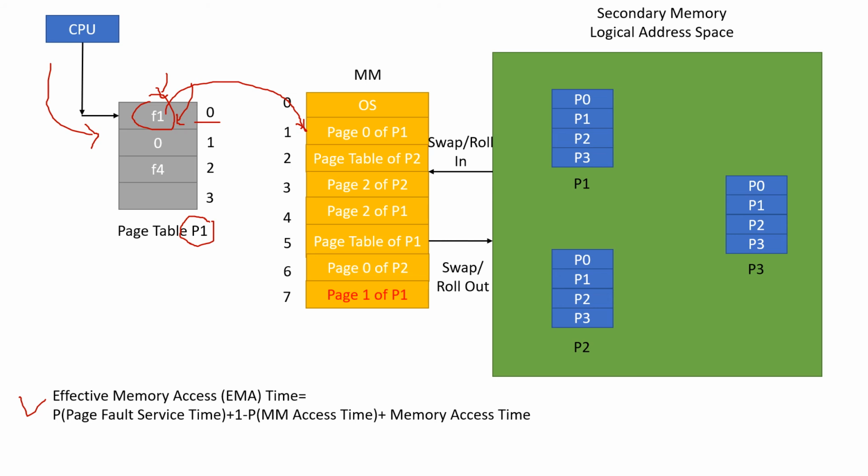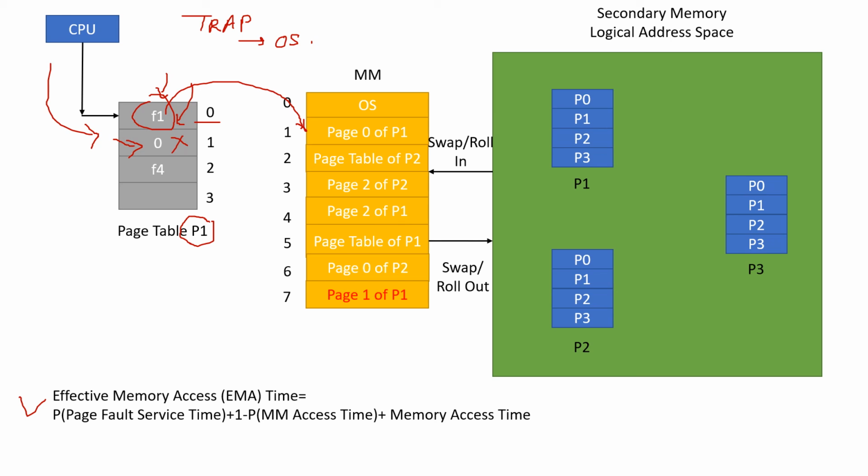The match is found. Now in the second case, if the CPU wants to access page 1 of process 1, here the match is not found. So what will happen when the match is not found? The trap will be generated as explained before. The context switching will happen. The control will go to the operating system.